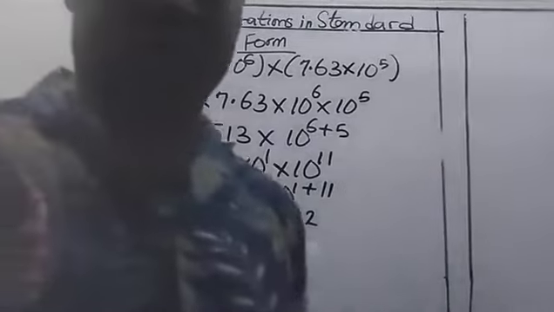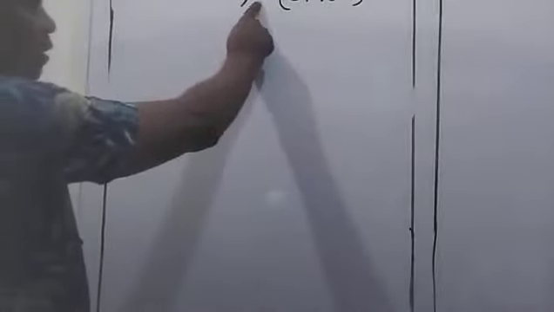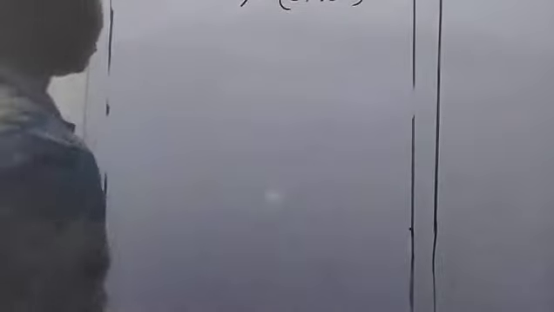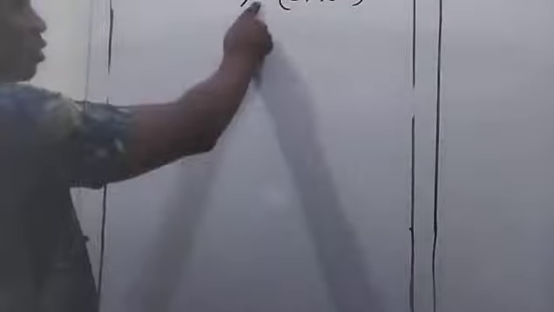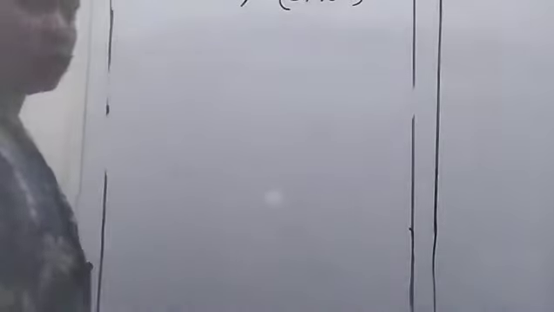So example number 2: 4.08 times 10 raised to the power negative 8 divided by 3 times 10 raised to the power 6. The first one we did was multiplication between the two numbers, but now we have division. So how do we do it? We do the same thing, but this time we are going to divide.